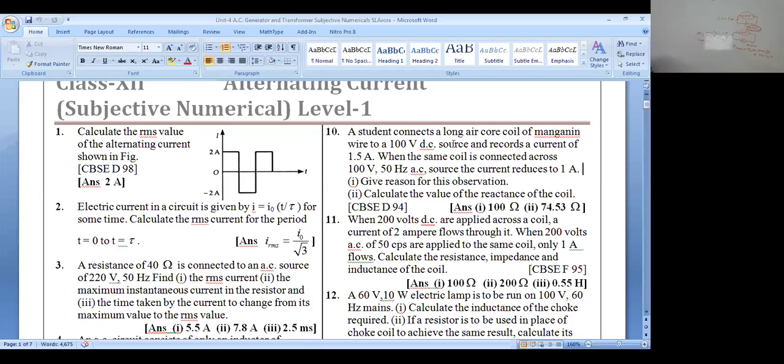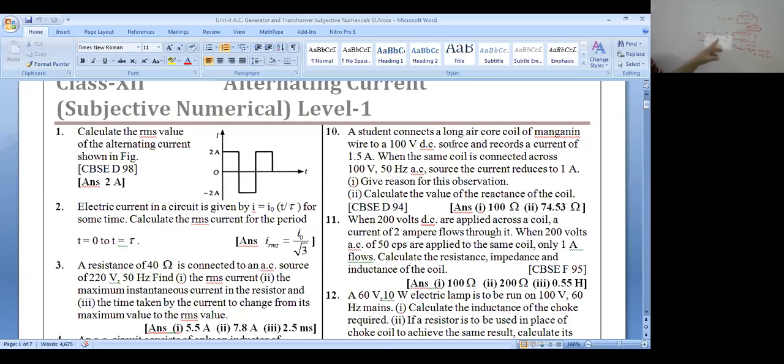In the first case, in case of DC, there is no inductive part, but in the second case the inductive part comes into the picture in addition to the resistance. That is why we get the reactance omega L in addition to the resistance of the coil.